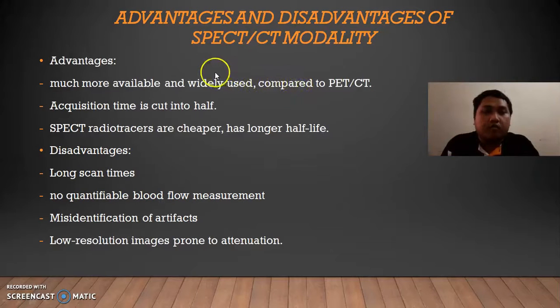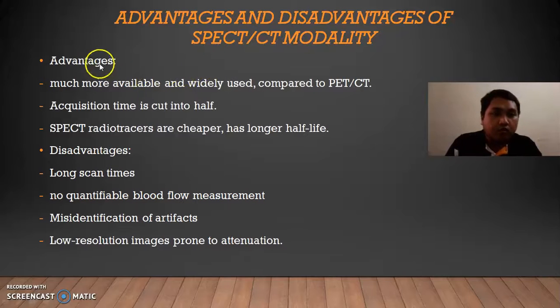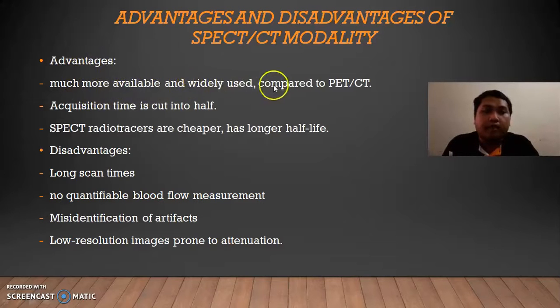So for my final part, I will talk about the advantages and disadvantages of SPECT/CT modalities. As we can see, the advantage, firstly, is that it is much more available and widely used compared to PET/CT, because the acquisition time is cut in half, and SPECT radiotracers are cheaper and have longer half-life.